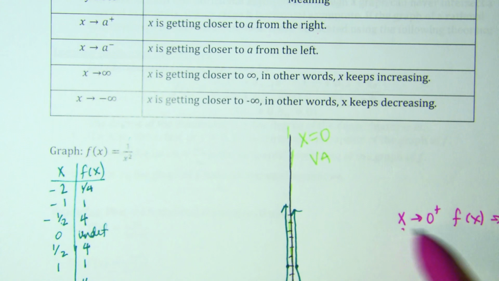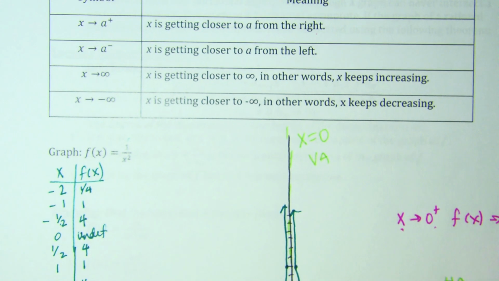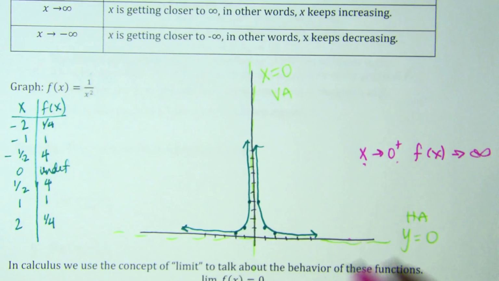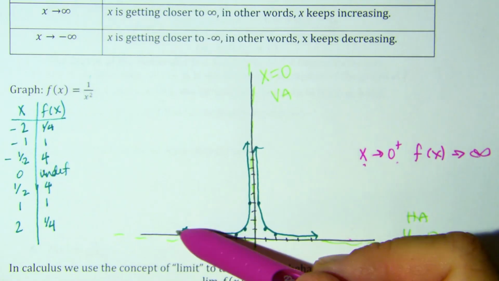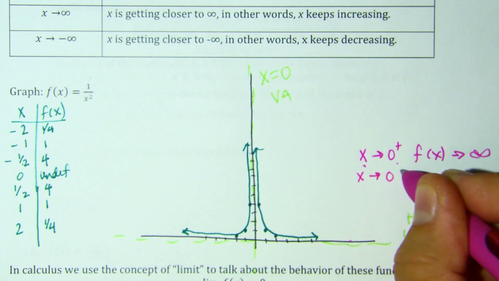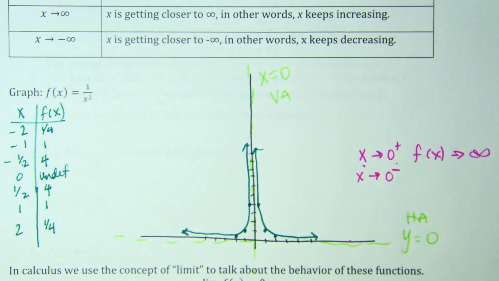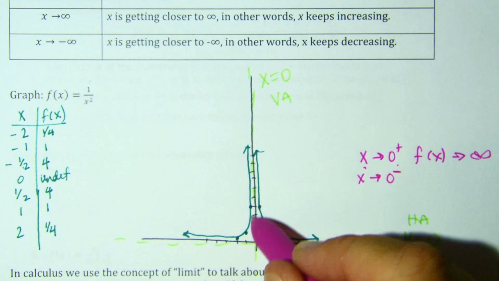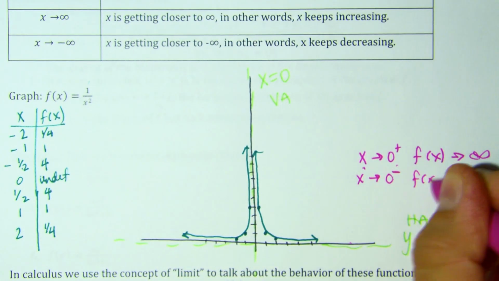So we can describe where something is doing a certain behavior. Okay. Now we can also say, what if we're approaching x from the left-hand side? So as x is approaching 0 from the left-hand side, that's what that negative sign means, f of x is also going to infinity.